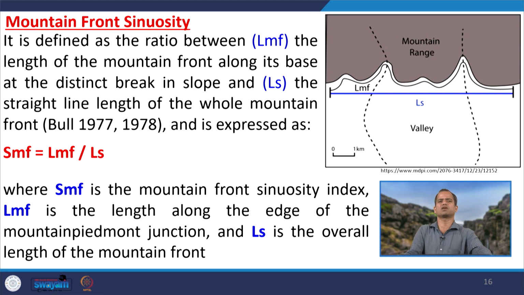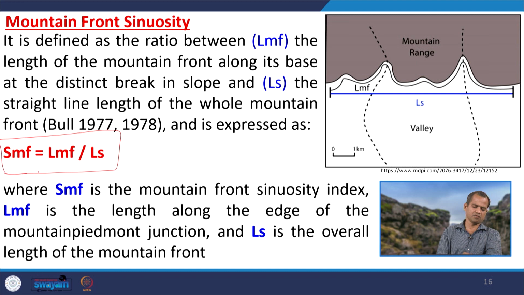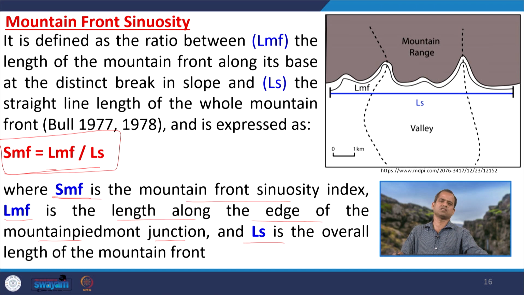That is called mountain front sinuosity, and it can be calculated by Smf = Lmf/Ls. Smf is the index, Lmf is the length along the edge of the mountain-piedmont junction, and Ls is the overall length of the mountain front. So, it is similar to the sinuosity of a channel, and this is called mountain front sinuosity.